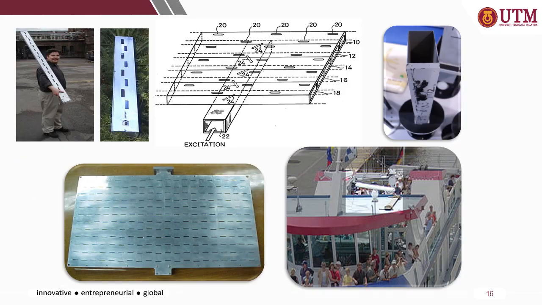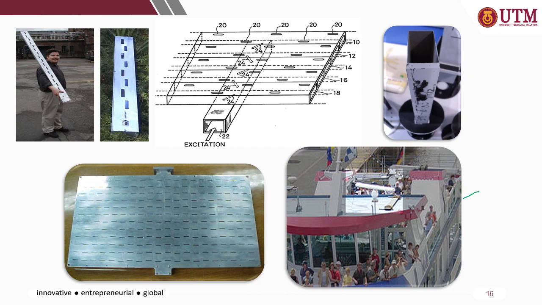Okay, this slide shows another example of rectangular waveguide application. Usually when it is constructed as an array, with multiple elements in one structure, it is used for radar tracking and radar cross-section.